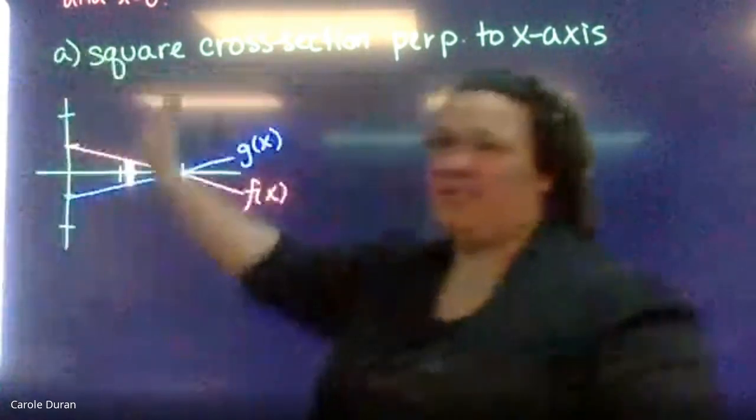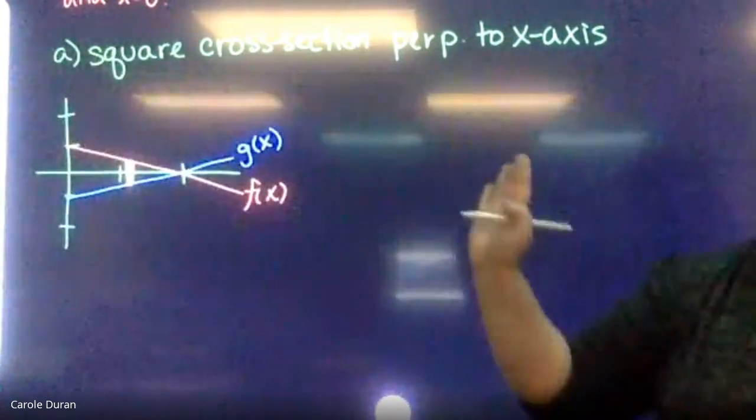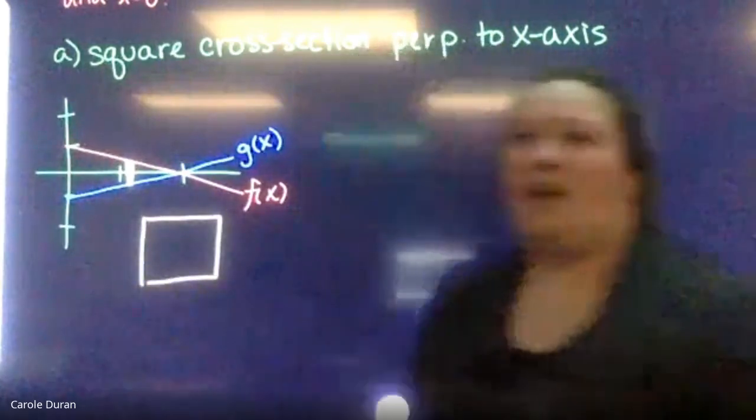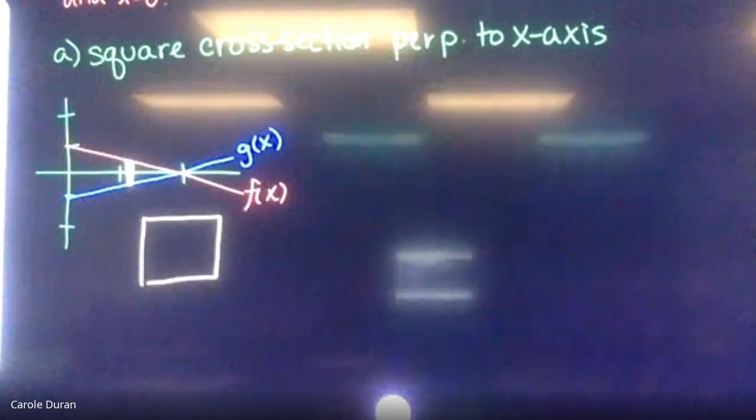This one is perpendicular to the x-axis, which means it cuts through it at a 90-degree angle, and the cross-section I'm getting out is a square. You could pick anywhere, any slice I take out of that is going to be a square. It doesn't look like it from the side, but we don't have a full view of the shape. All we have is one view.